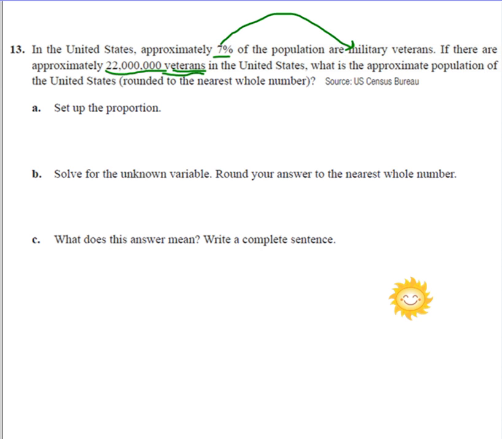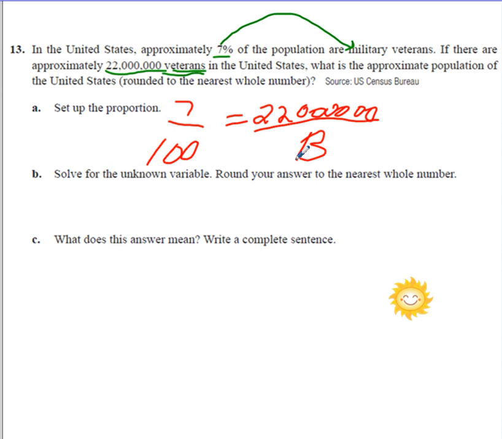So let's go ahead and set that up. So we have 7 over 100 equals 22 with 6 zeros, all over our unknown value, B, which again represents in this case the population of the United States.